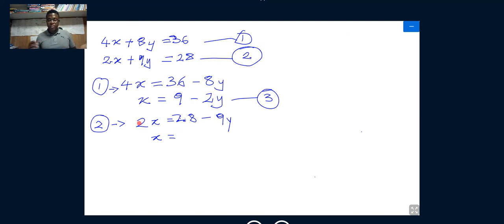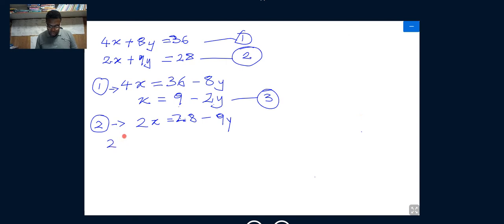So in the substitution method, you are going to take the value of x equal to 9 subtract 2y. So you have your 2x, so you will substitute, as we call it substitution.